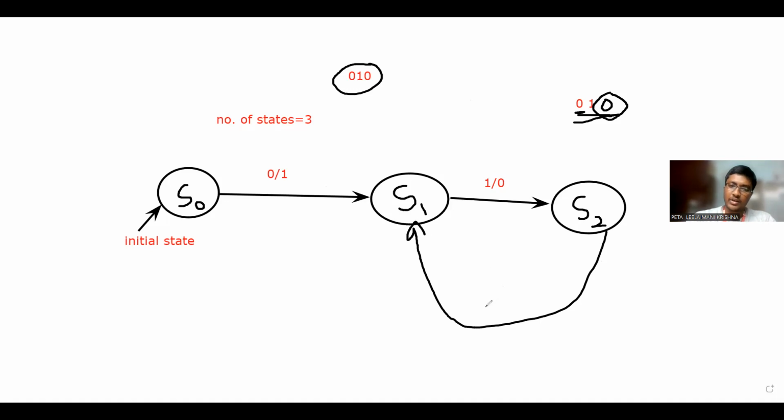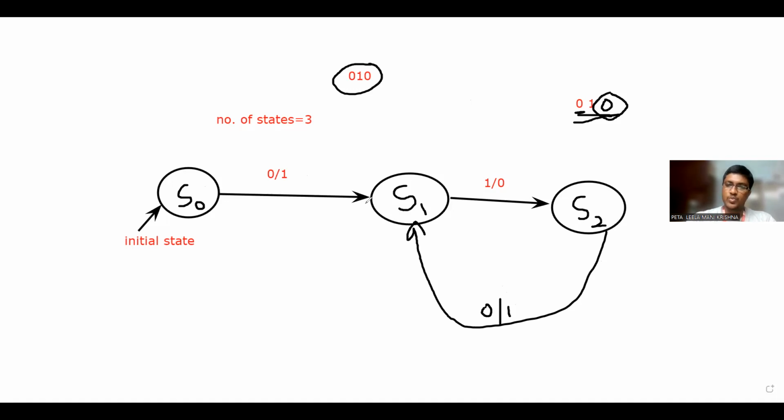So here I have given the bit 0, and the output will be 1 because the complete sequence has been detected. So these are all the possible cases. Firstly, at S0, if the first bit is 0, it will move to the state S1.